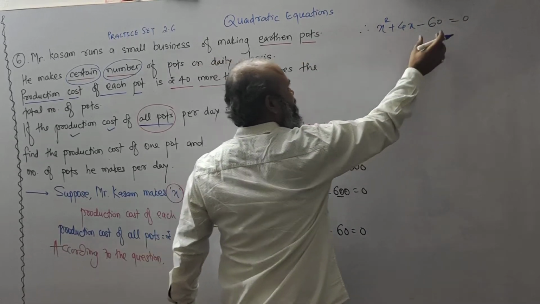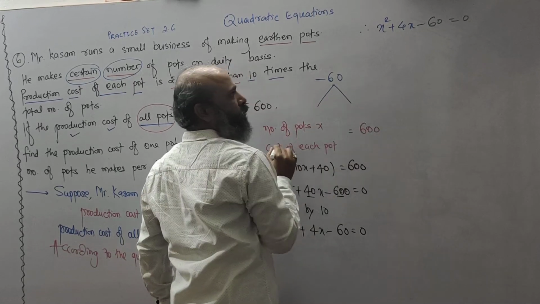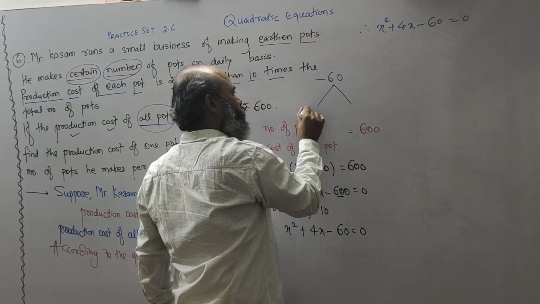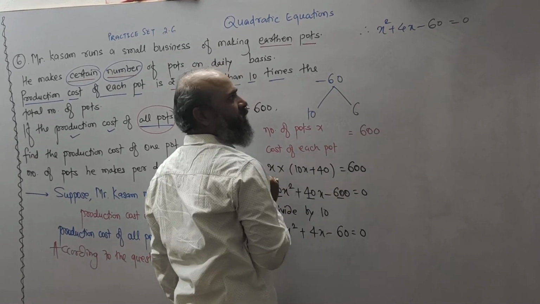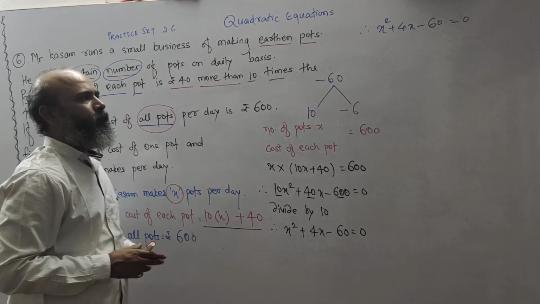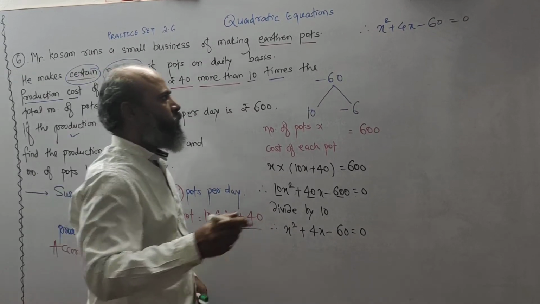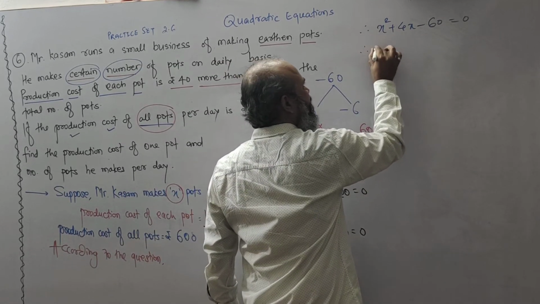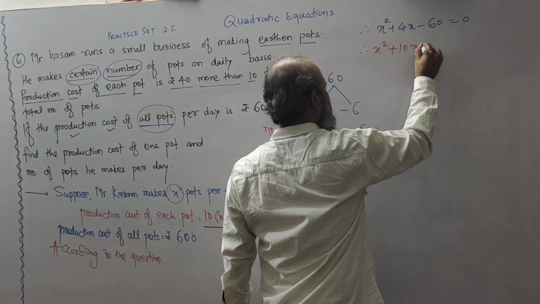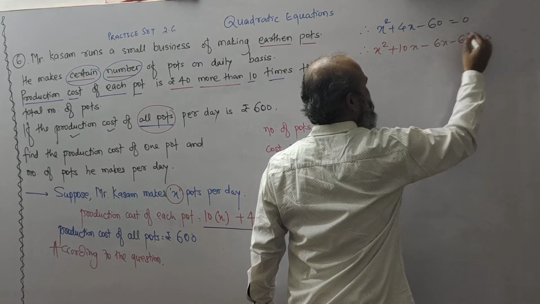The last term is minus 60, so take two numbers whose multiplication is minus 60 and whose subtraction is 4. 10 into 6 is 60, and 10 minus 6 is 4. So x square plus 10x minus 6x minus 60 is equal to 0.